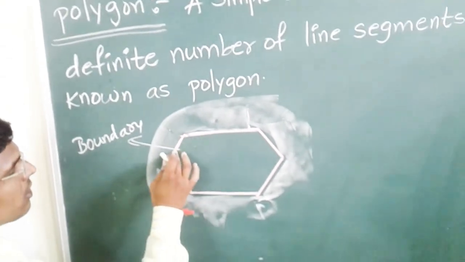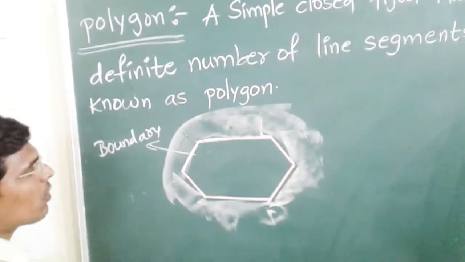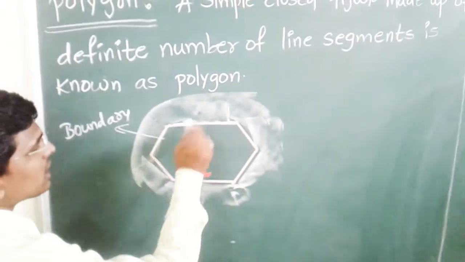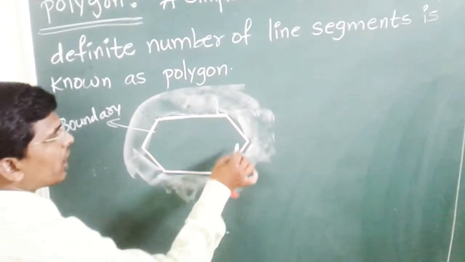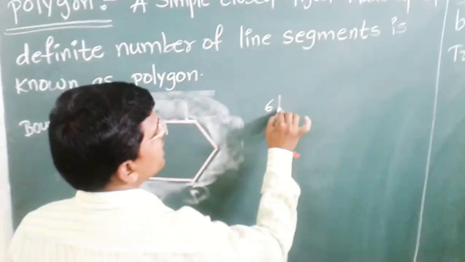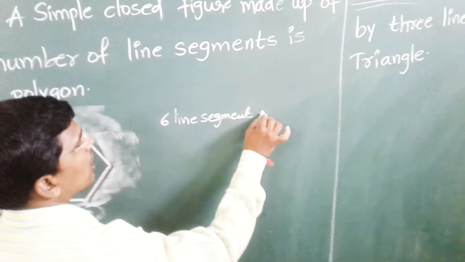This polygon is formed by 6 line segments, 1, 2, 3, 4, 5, 6. So 6 line segments is equal to 6 sides.